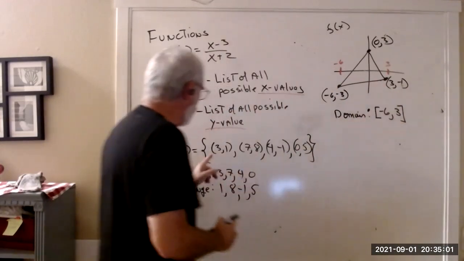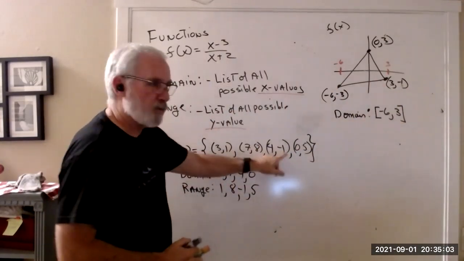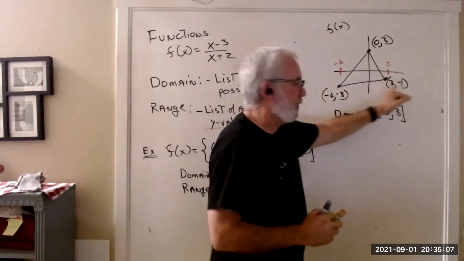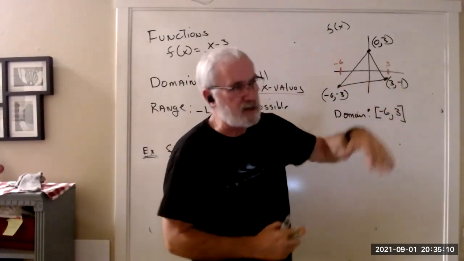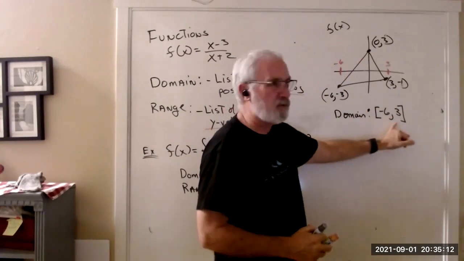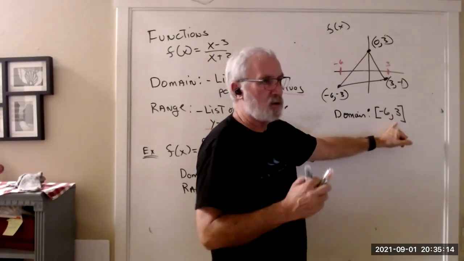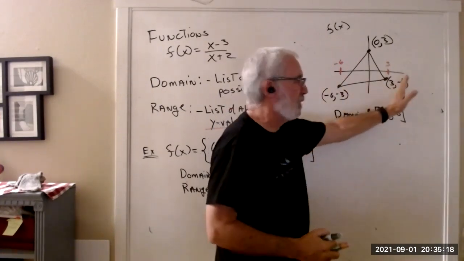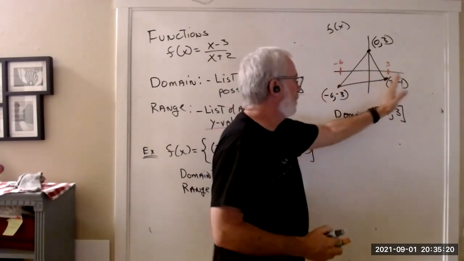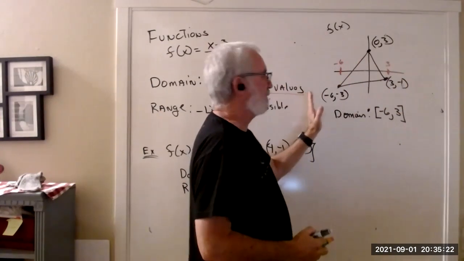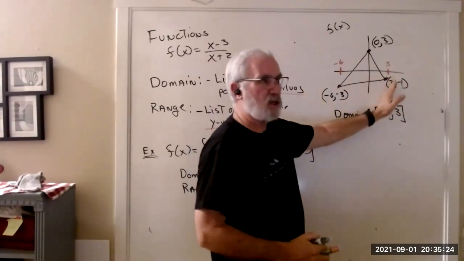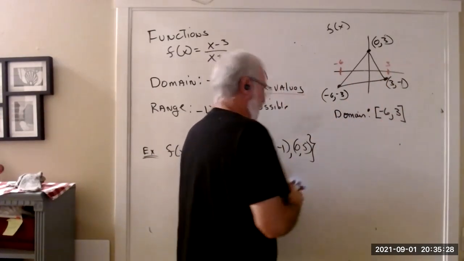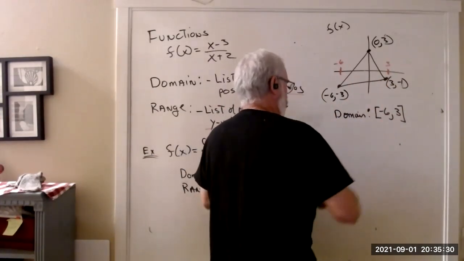Not just a few points, not just 1, 2, or 3 individual little points, but I want to talk about everything, every fraction, every decimal. So we use interval notation as our way of listing all possible x values. The left x is -6, the right x is 3. Okay. With that, what about the range?